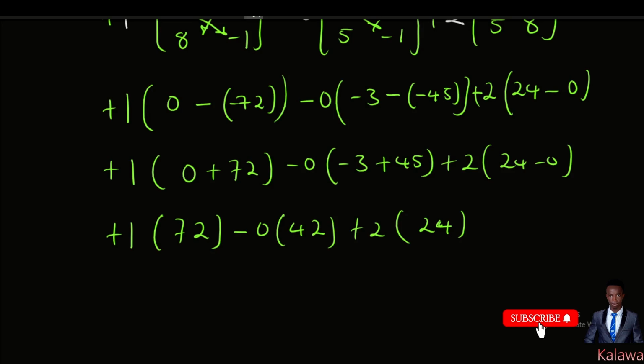So we go again. Plus 1 times 72, it is 72. This is minus 0. This is plus 2 times 24 is 48. There is going to be 72 plus 48.